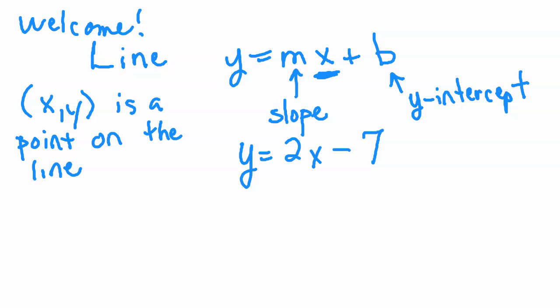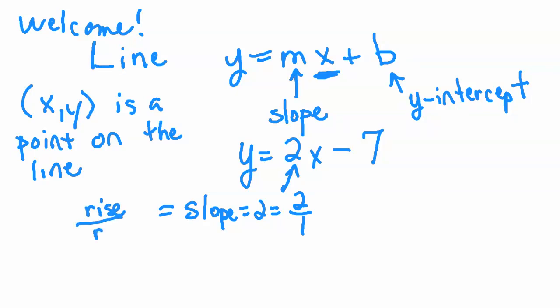So the slope, which is 2 here, is 2 over 1. We write it as a fraction, but the definition of slope is rise over run. Rise means we move up or down, and run means left or right.